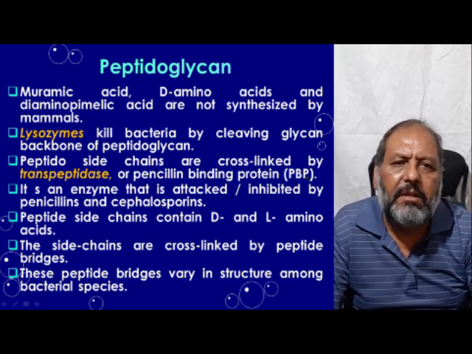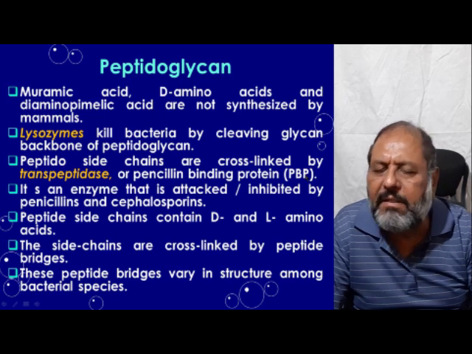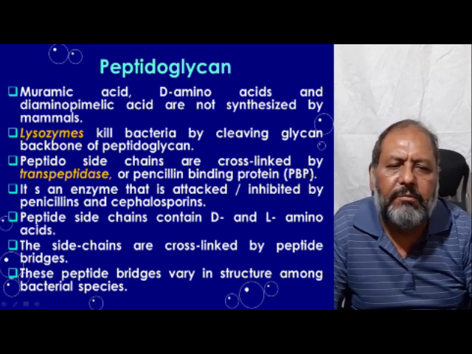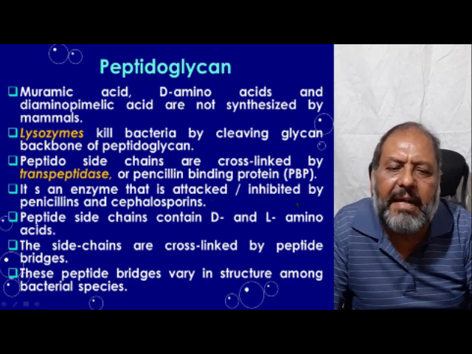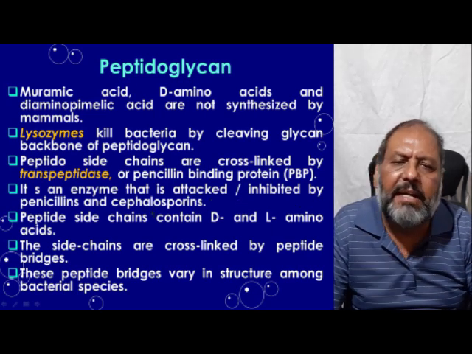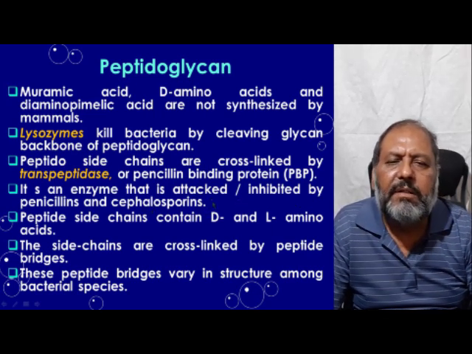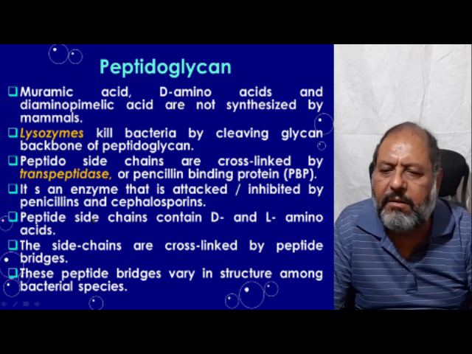This is the site targeted by antibiotics to dissolve the peptidoglycan. It is an enzyme that is attacked and inhibited by penicillin and cephalosporin. So they have this site of action.